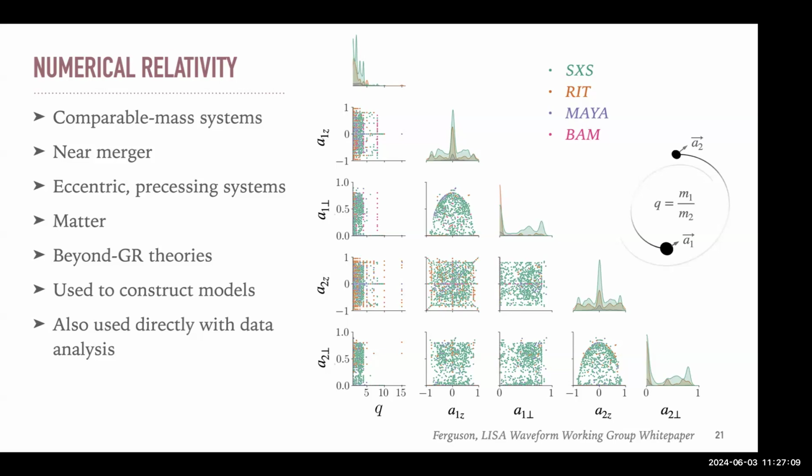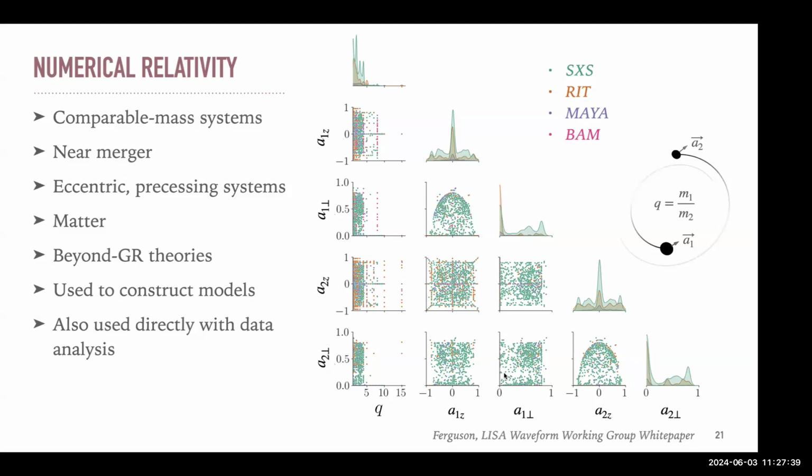So each point on the plot is a simulation, and we're showing the mass ratio, the aligned component of the spin, the precessing components of the spin, which is that perpendicular, for both the primary black hole, which is A1, the larger black hole, and A2, which is the secondary black hole. And the diagonal just shows you the one-dimensional distributions, and the off diagonals are showing you 2-dimensional distributions.